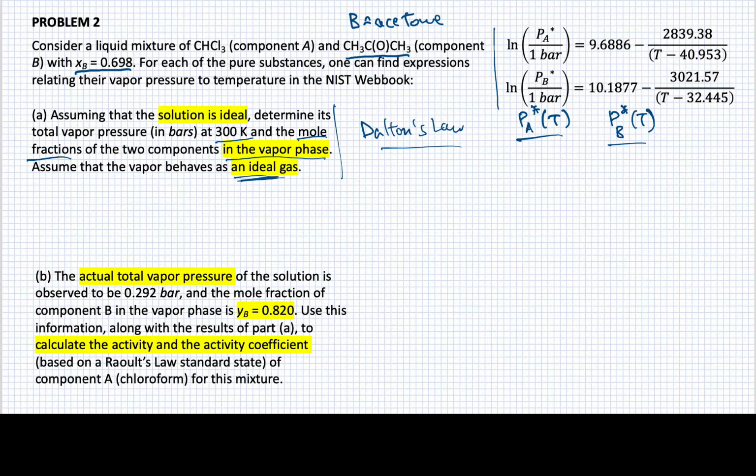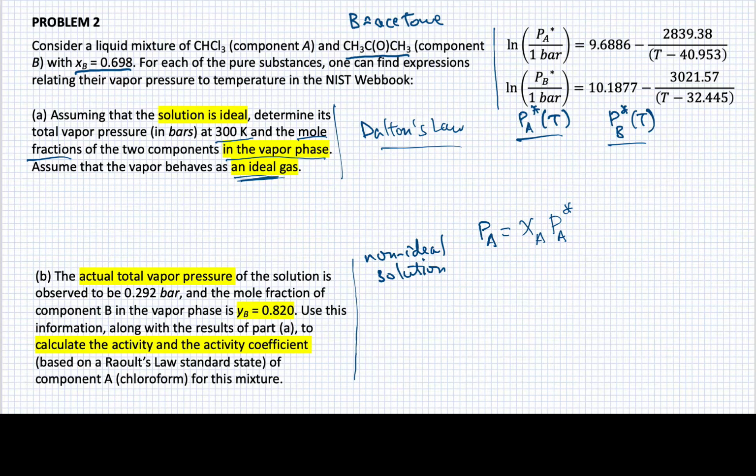All right, in the second part now, we're going to venture into the realm of non-ideal solution. What is the game plan here? Well, if we had an ideal solution, remember that the vapor pressure for whatever component is going to be just the mole fraction of that component in the solution times the vapor pressure of the pure stuff.